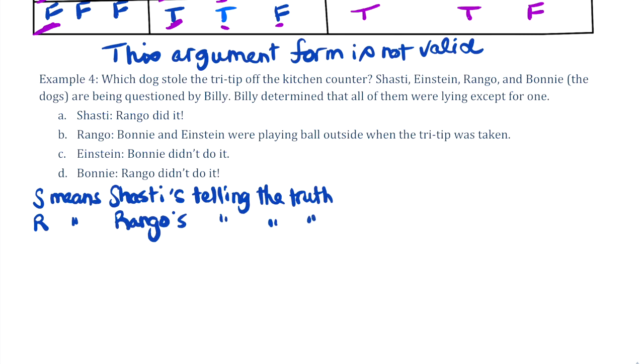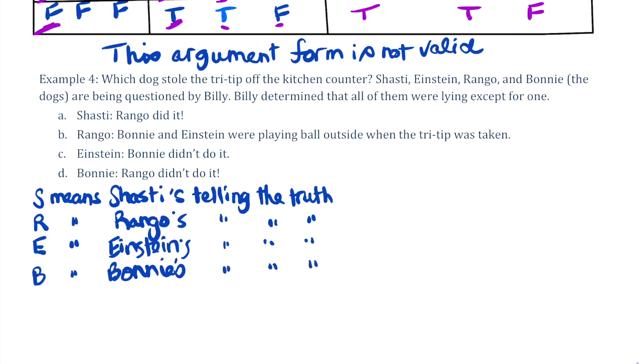And those tick marks mean those are the same words. E will mean that Einstein's telling the truth. And B means Bonnie's telling the truth. Cool so far?